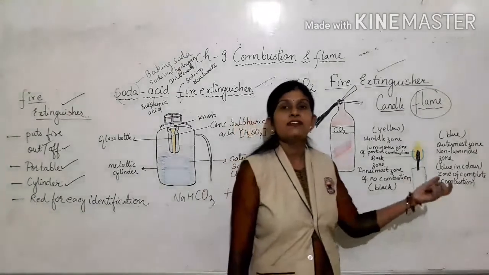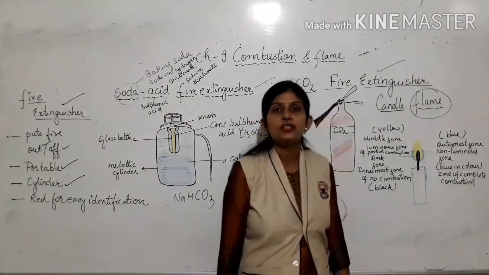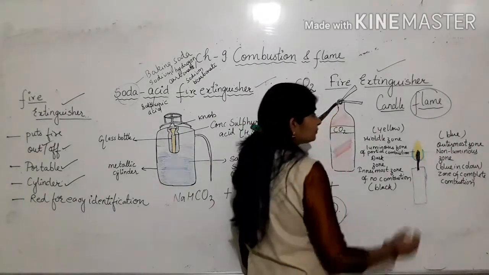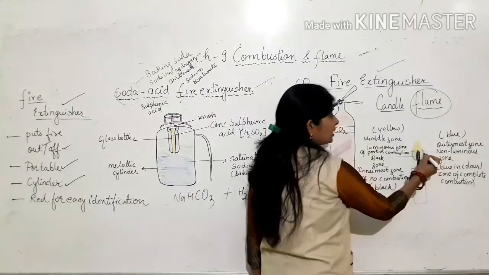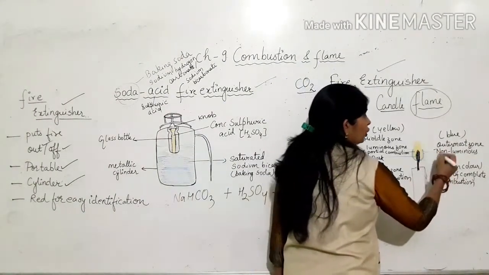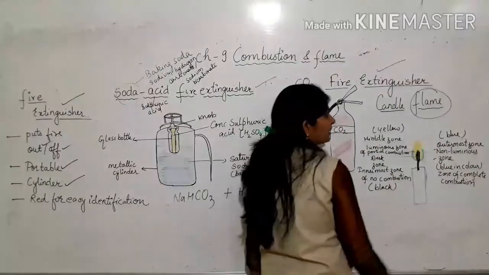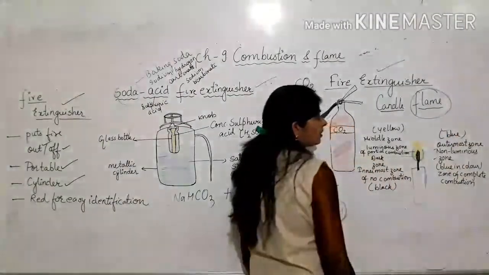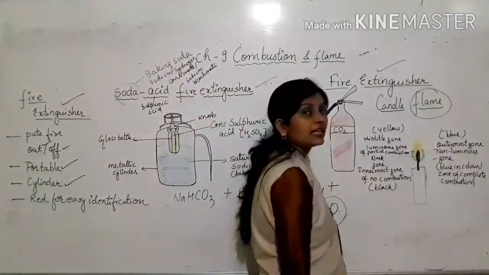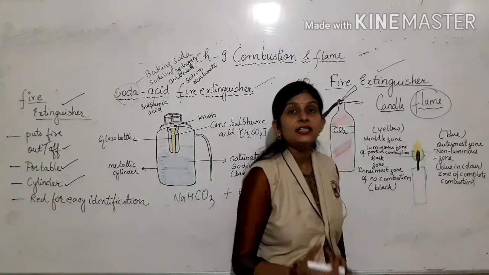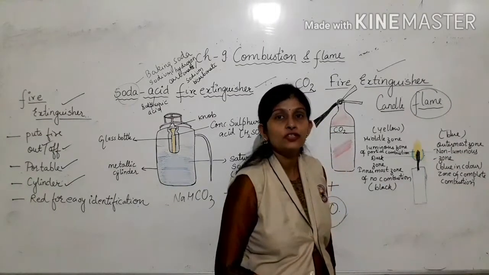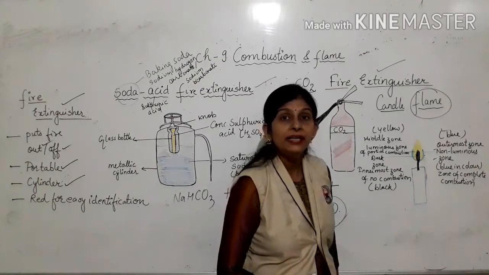Now, what are the different zones, areas or regions of the candle flame? First of all, this is the outermost zone, also known as the non-luminous zone. It is blue in color. Why? Because here wax vapors get a sufficient supply of oxygen, so they burn completely.